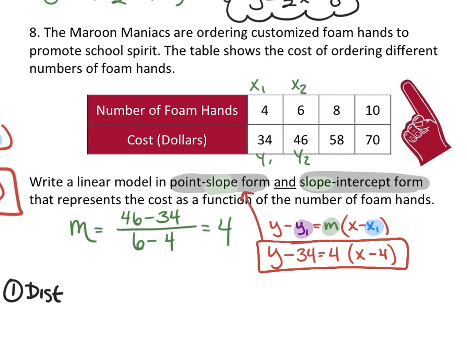Boom, done. But we also need the slope-intercept form, which means I'm going to do those 2 extra steps of distributing to have 4x minus 16 on the right-hand side, and then moving that 34 to the other side. Cross the line, change the sign.